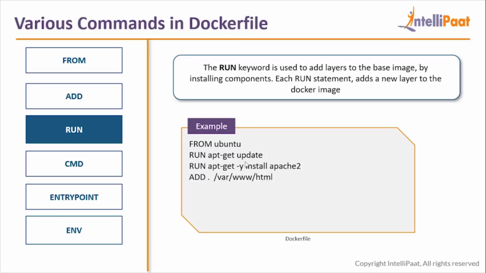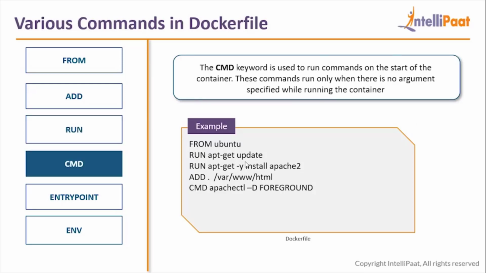Alright, so the RUN command is basically used to run any command inside the container that you would have run on the terminal. Okay, then you have a command called CMD. So the CMD keyword is basically used to run any command that you want to run at the start of the container. All right, and this command runs only when there is no argument specified while you're running the container. So while you're running a container, you can also specify any command that you want to run.